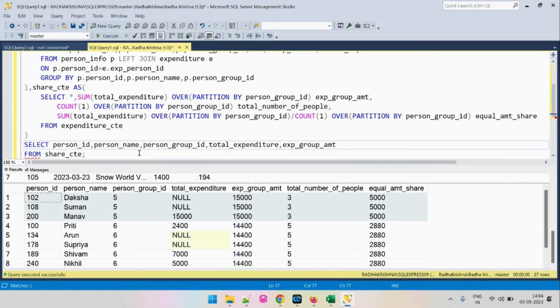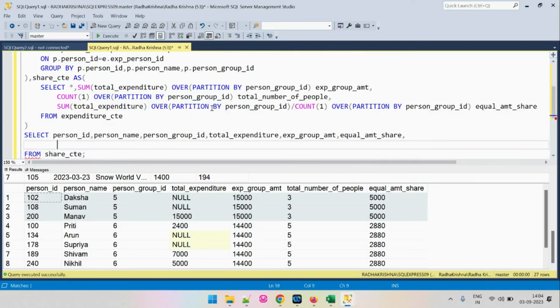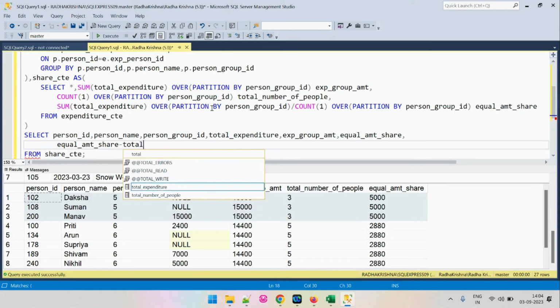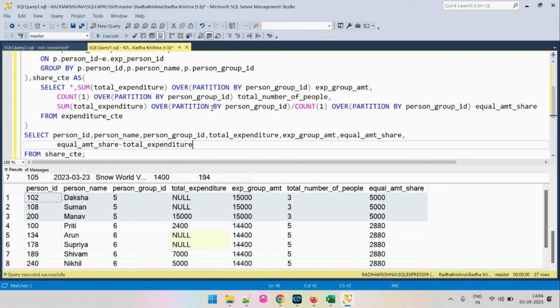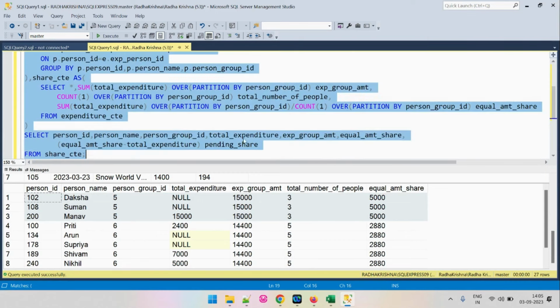We don't need the total number of people, so for now let's remove that, and keep equal amount share. And the last column that we will derive is equal amount share minus the total expenditure done. Total expenditure is this column, so this will give us the pending share column. This way we will get the ultimate amount someone has to receive or provide to the group.